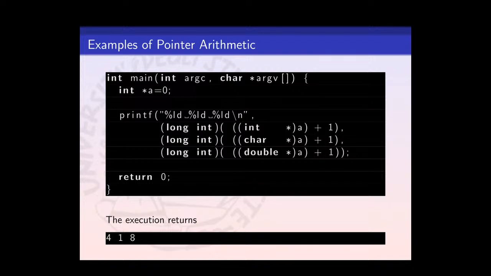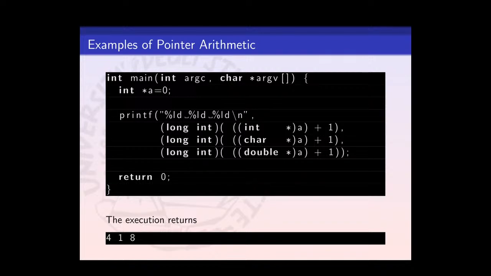Is it clear? By typecasting a, I'm changing the type of a. In the first line, of course, a is a pointer to integer, and here I'm typecasting it to pointer to integer, so it's a kind of pleonastic syntax, just to show you that it is exactly the same for all the typecasts.